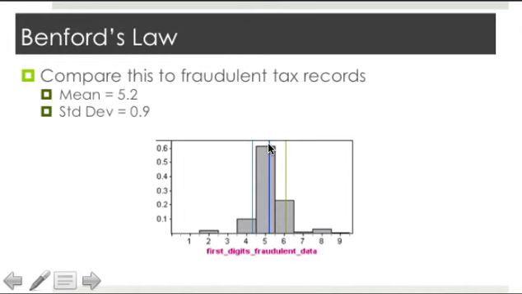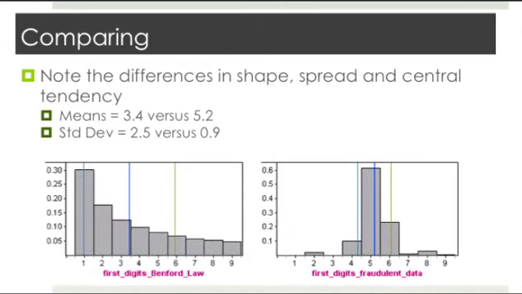When we compare these side by side, we see two very different stories. Obviously, the relative frequencies of first digits from the fraudulent data don't follow Benford's Law at all, and the distributions have very different shapes, different means, and different standard deviations.